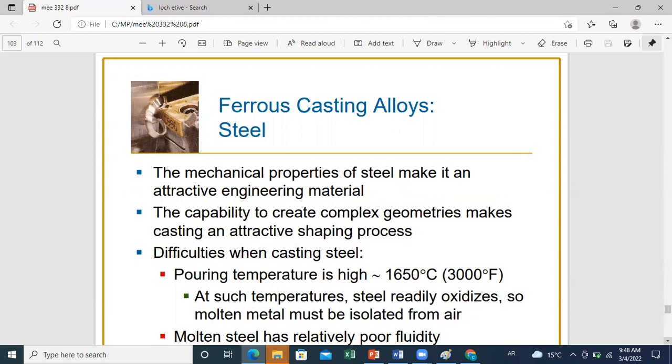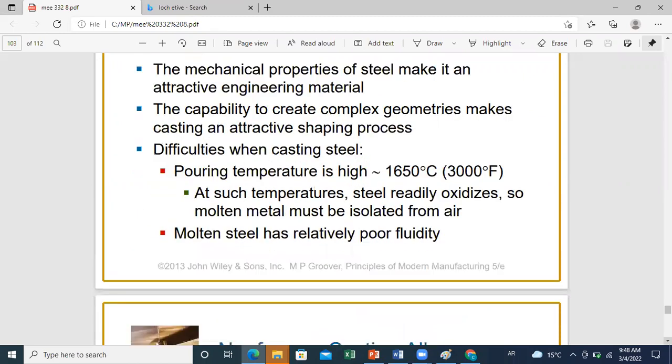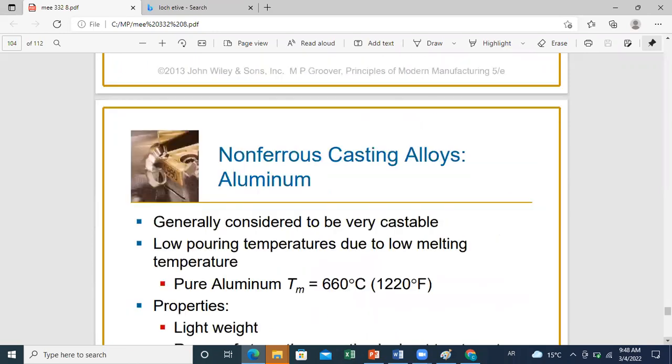At such temperatures, steel will undergo oxidization, so the molten metal must be isolated from air. We should make sure not to have a leakage of air to avoid this process. In addition, molten steel has relatively poor fluidity, which makes the pouring step more complex.